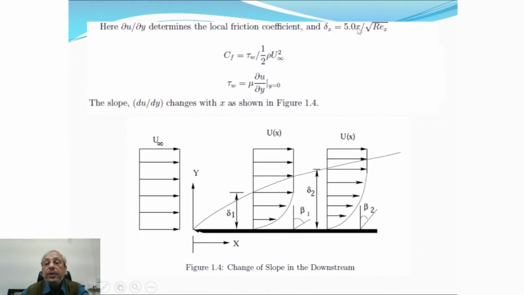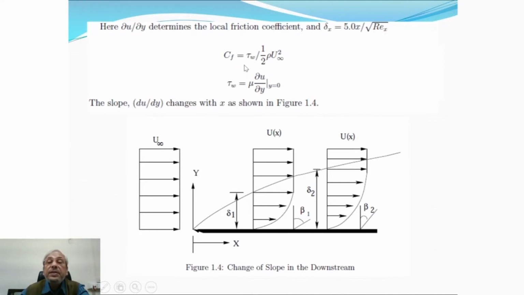That means at the x where we are measuring delta, delta of x is 5 into x divided by root over Re x, where Re x is given by u infinity into x by nu.